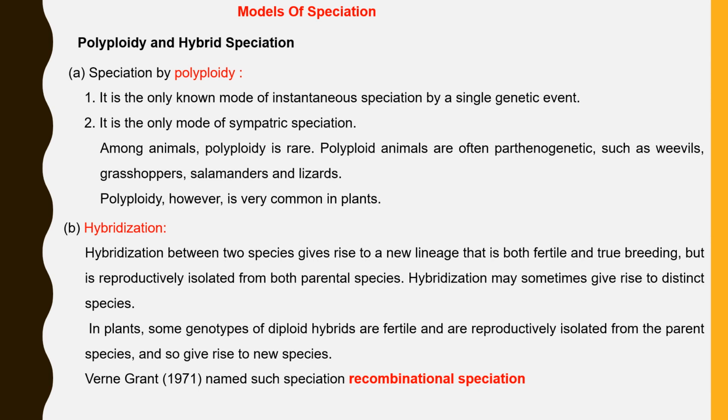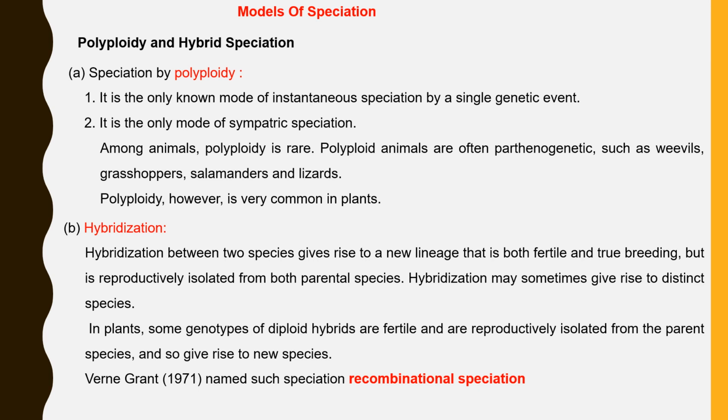It occurs often parthenogenetically in organisms such as weevils, grasshoppers, salamanders, and lizards. However, polyploidy is common in plants. Speciation through polyploidy is the only mode of speciation which occurs instantaneously and the only mode of sympatric speciation.